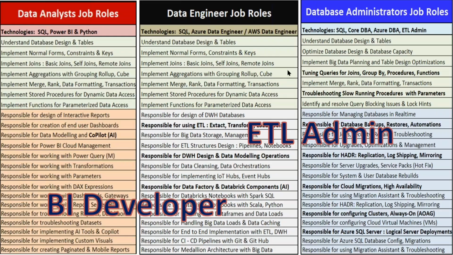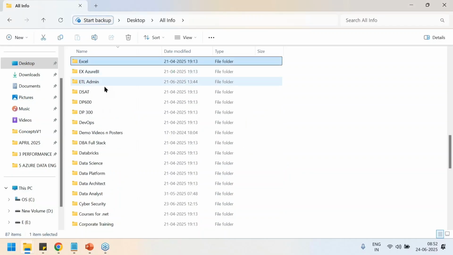One more question, sir. Does this ETL course cover Azure SQL DB as well? Yes, it is covering. I think I can show you one particular image. Thanks for asking the question. I missed it actually. Our team will be providing you the complete course curriculum anyway, but I can show you this one, our ETL admin.